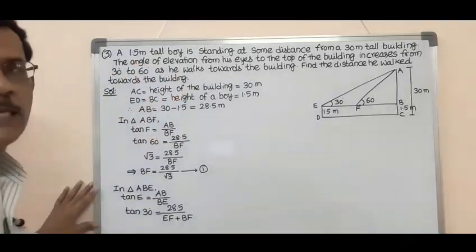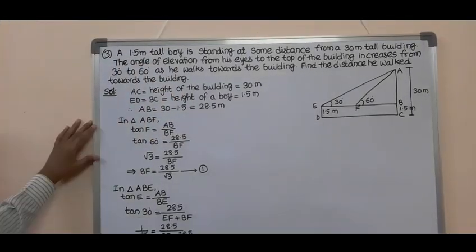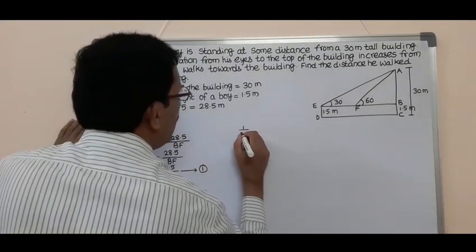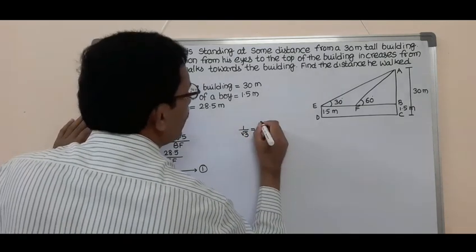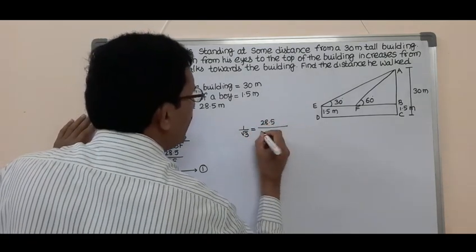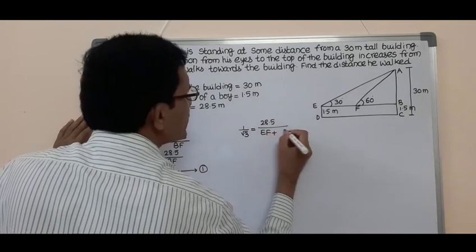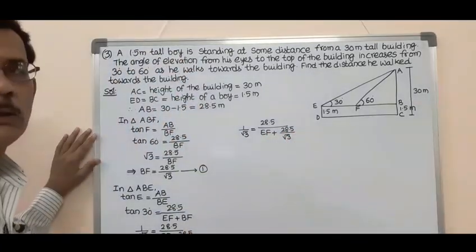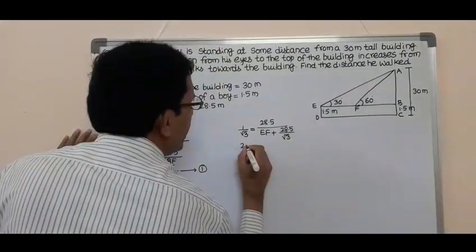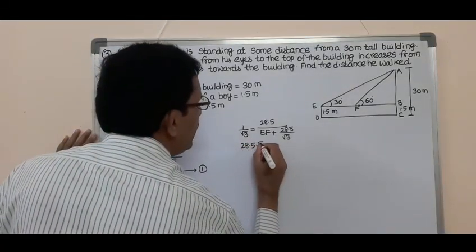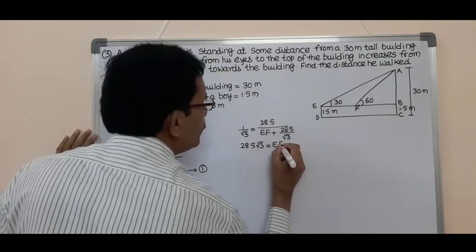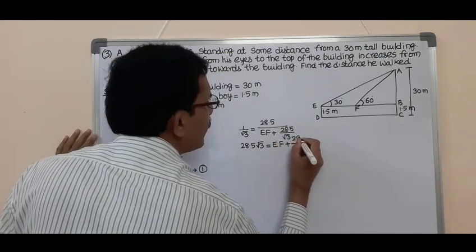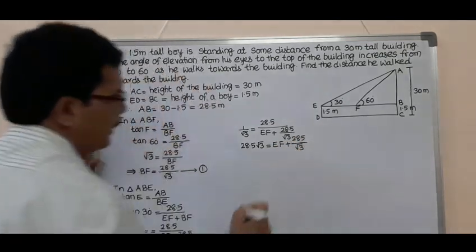EB can be written as EF plus BF. 1 by root 3 is equal to 28.5 by EF plus 28.5 by root 3. Now cross multiplication. 28.5 root 3 is equal to EF plus 28.5 by root 3.